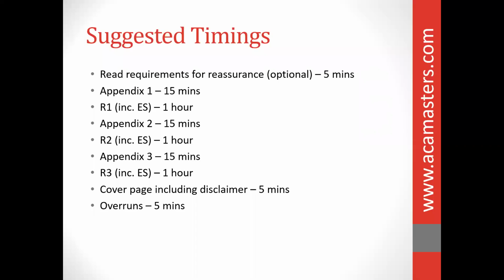So in terms of suggested timings, there is roughly the same amount of points in each requirement, so I suggest that you balance your time evenly between the requirements. And there's always an element of personal preference here, just as there is overall with some of the aspects of the exam technique. Some people like to read all of the requirements first of all. I think sometimes this is for reassurance.